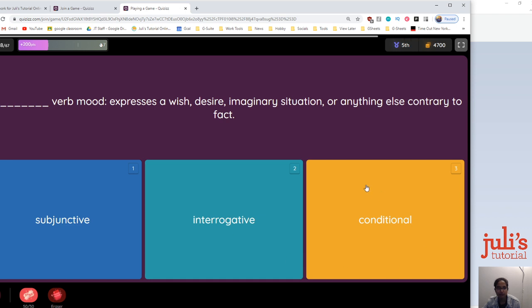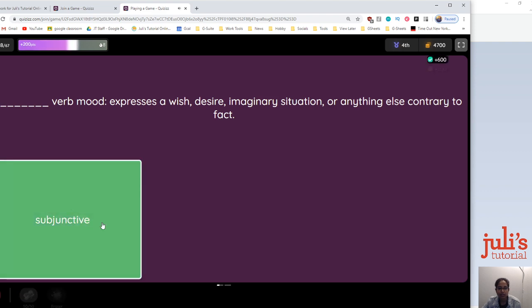Again, the verb mood that expresses a wish, desire, or situation contrary to the fact is subjunctive.